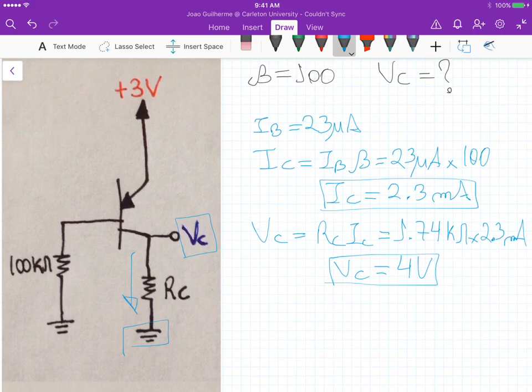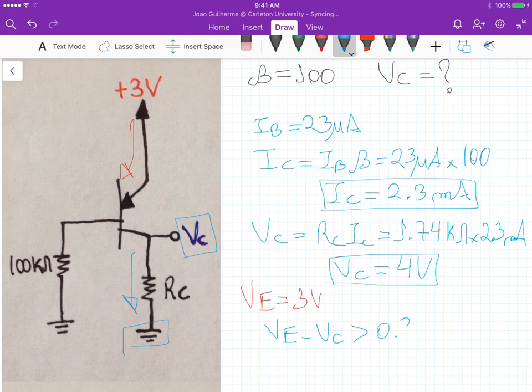We know, because the emitter here is connected directly to 3 volts, that VE is equal to 3 volts. And if we take VEC for the BJT, it should be greater than 0.3 volts. So VE minus VC should be greater than 0.3 volts.